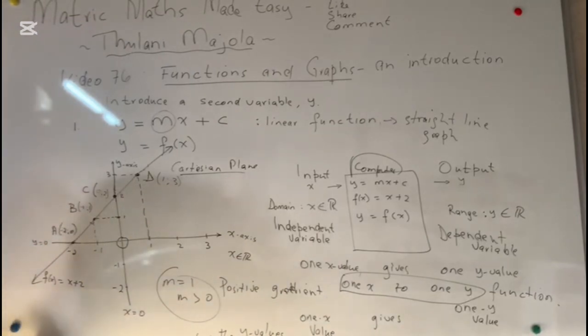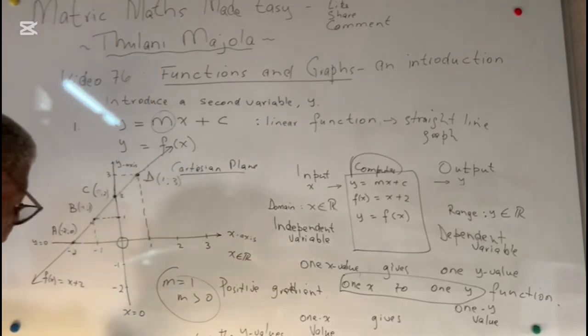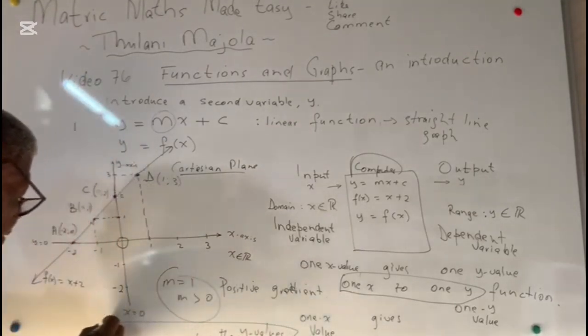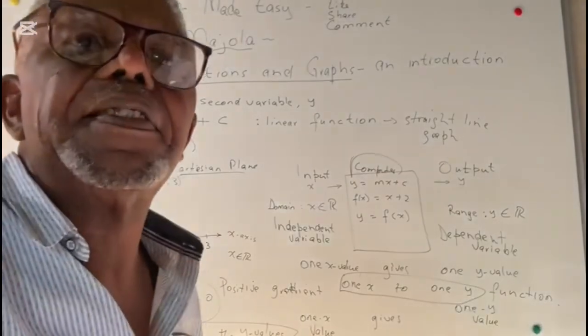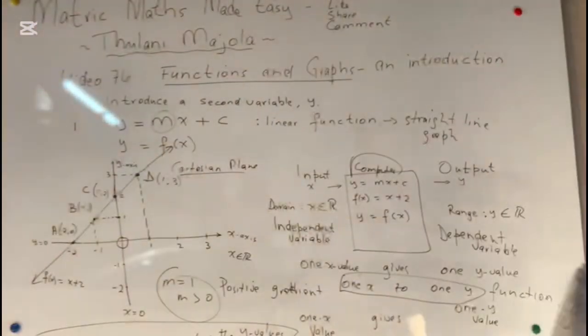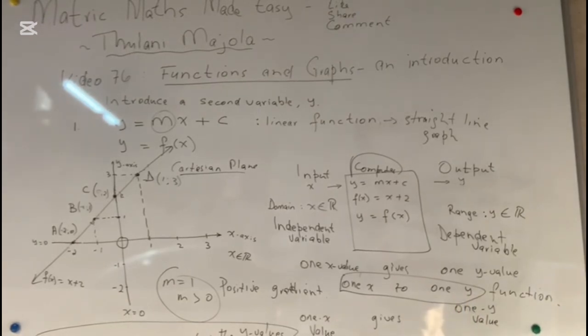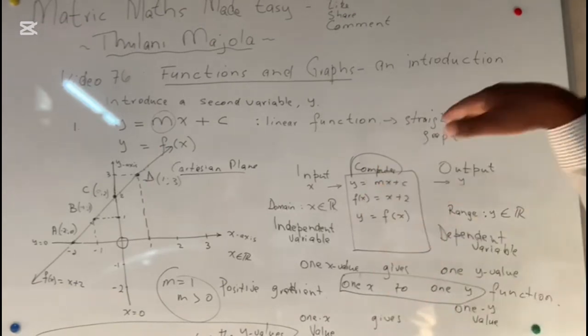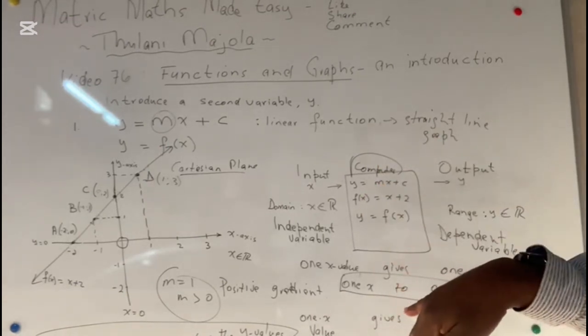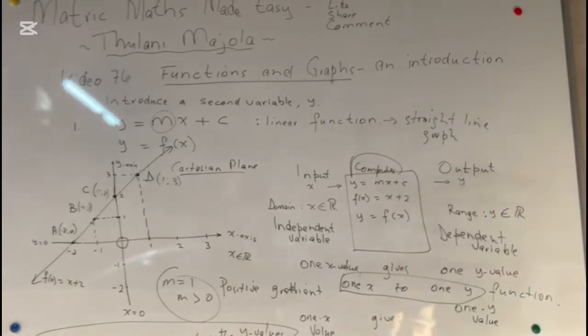That is your m greater than 0. So remember that a positive gradient, m greater than 0, means that your y values increase as your x increases. I'll do the next example showing where as x increases, the y values decrease, where m will be negative.